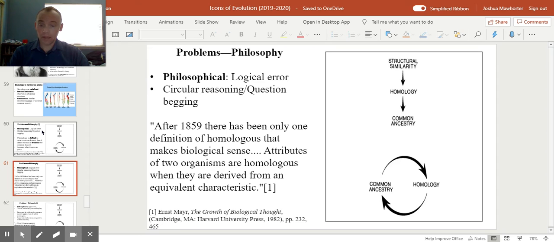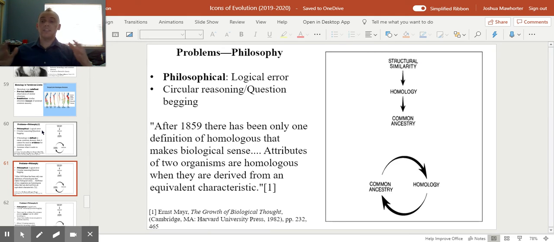And so it was said by Ernst Mayr in The Growth of Biological Thought, a neo-Darwinist. He says, after 1859, there has been only one definition of homologous that makes biological sense. Attributes of two organisms are homologous when they are derived from an equivalent characteristic. So Ernst Mayr accidentally, I'm sure, participates in this logical error, this fallacy.